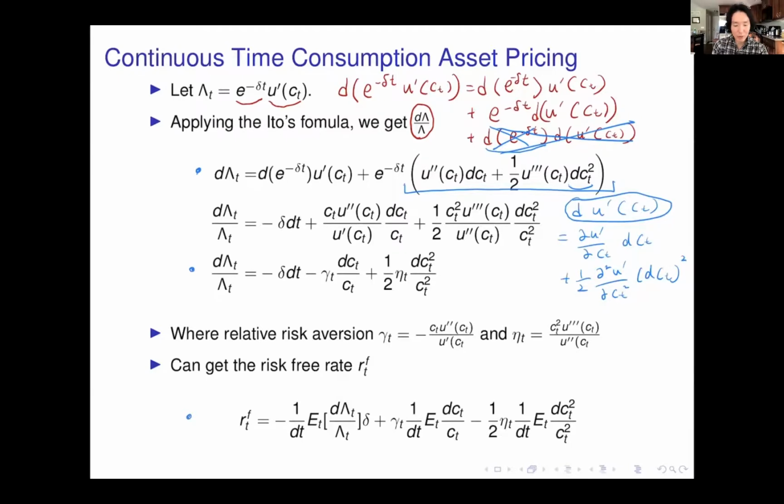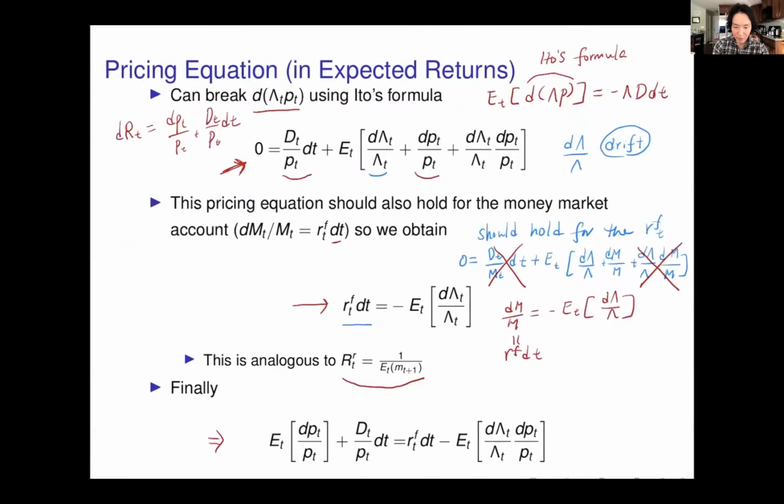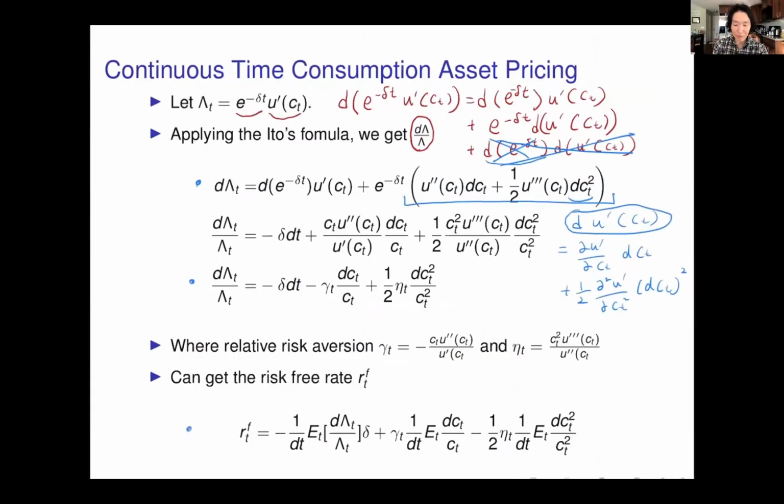How did you do the detailed calculation? You used the previous property, which is this one here. In other words, the negative of the drift term of the stochastic discount factor is going to be the risk-free rate.